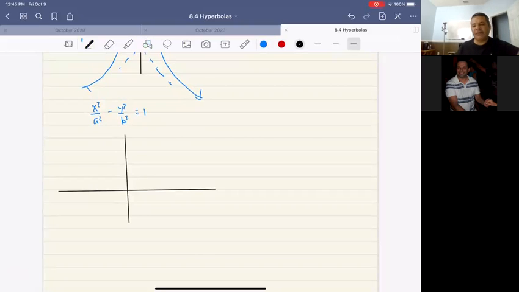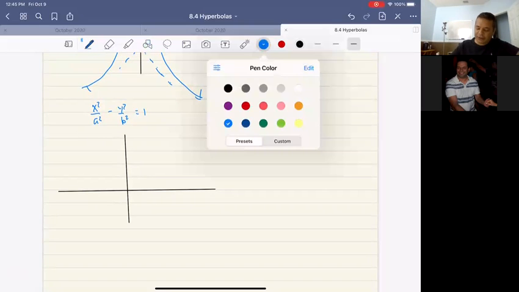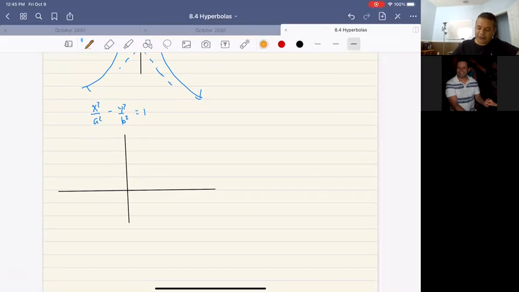Okay, and we're going to have something called a fundamental rectangle. Our fundamental rectangle is basically a rectangle that goes left, right, a, and up, down, a length of b. So it's going to be like here. This is a comma 0, negative a comma 0.